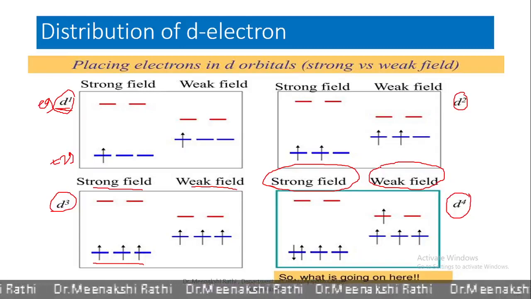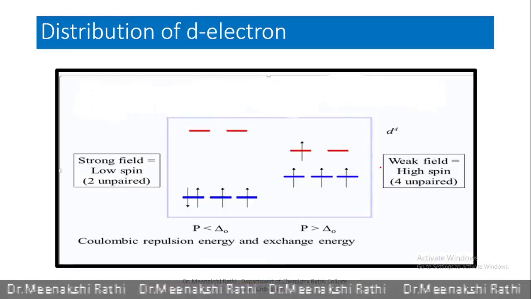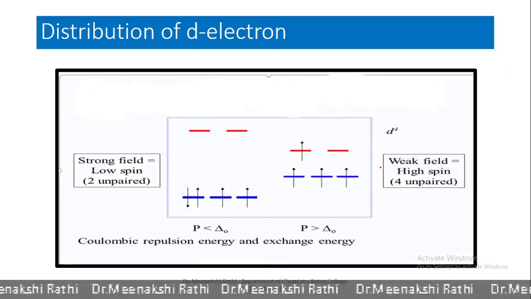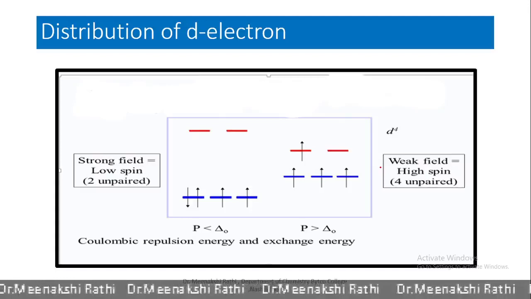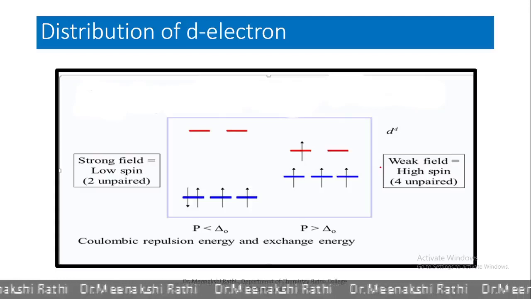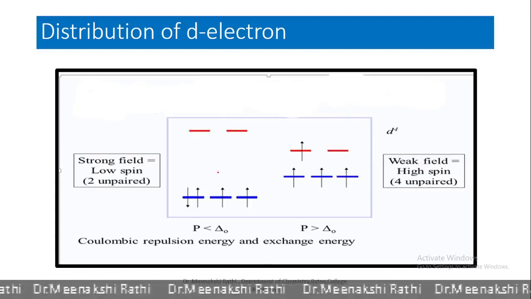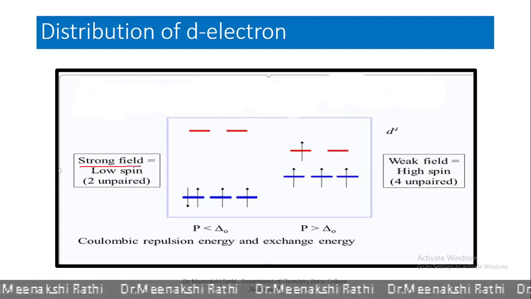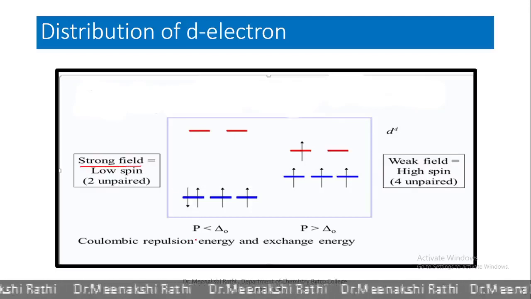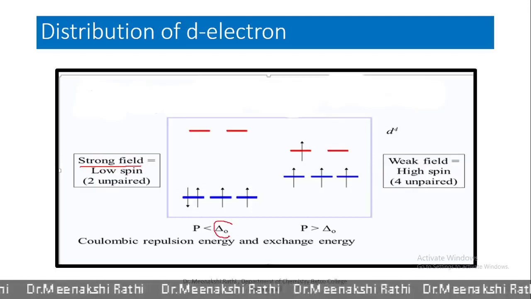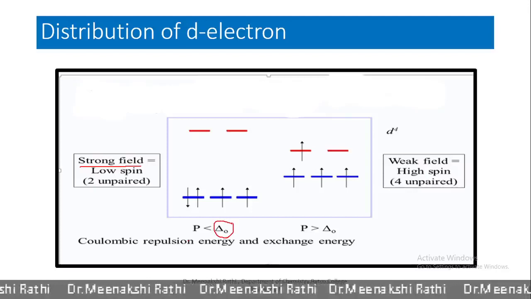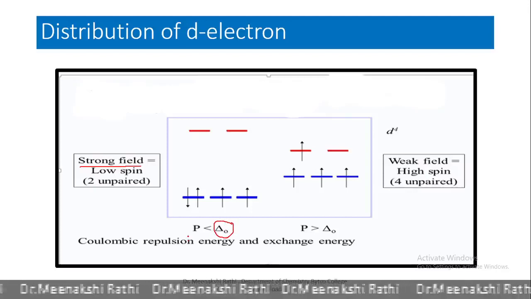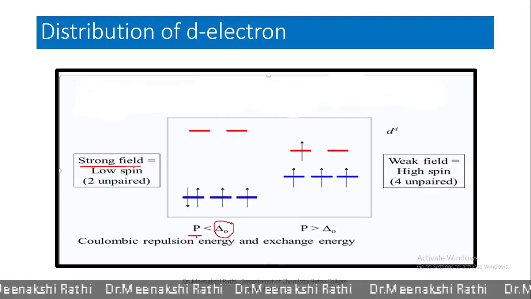Now, see here in this diagram, you can clearly understand the distribution of d4 electrons, 4 electrons, in strong field and weak field. Now, see here in strong field complexes, delta O, that is the splitting energy, is always greater than the pairing energy.